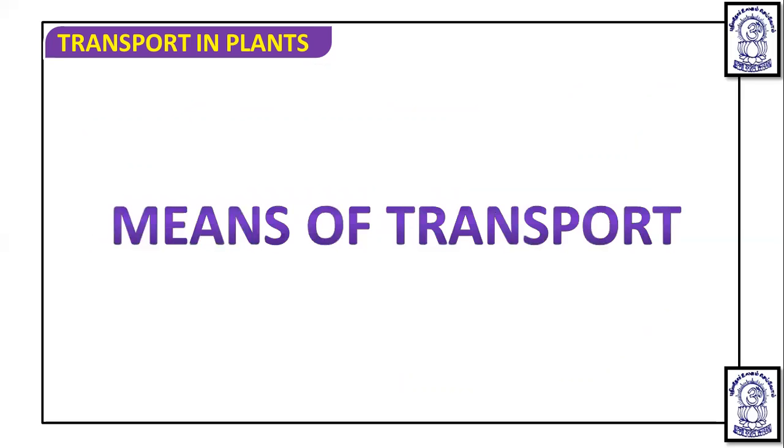Now we are going to talk about the means of transport. Means how this transport takes place. What are the types of transport that we are going to study? Okay. And the means of transport is of two types.